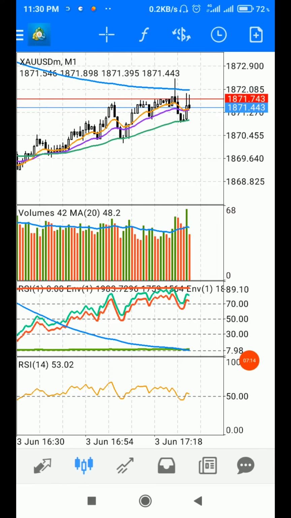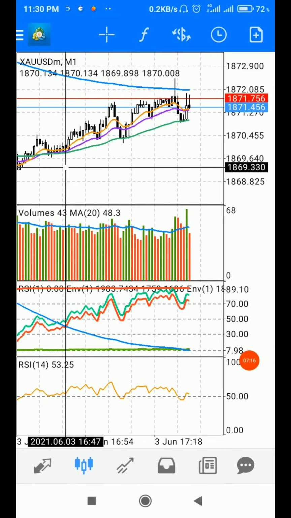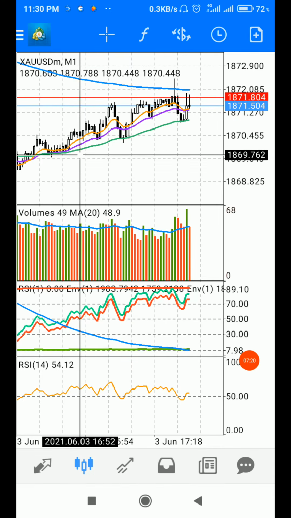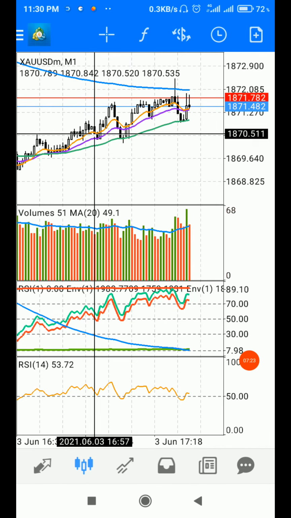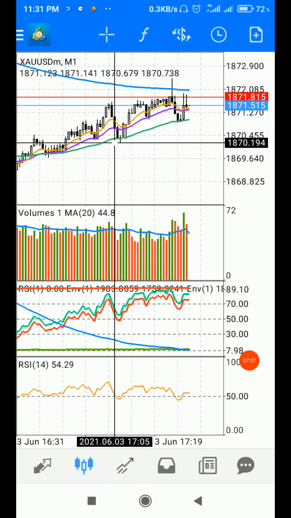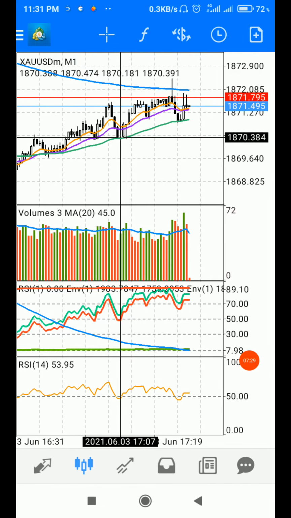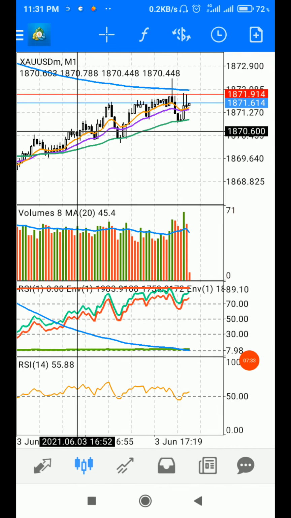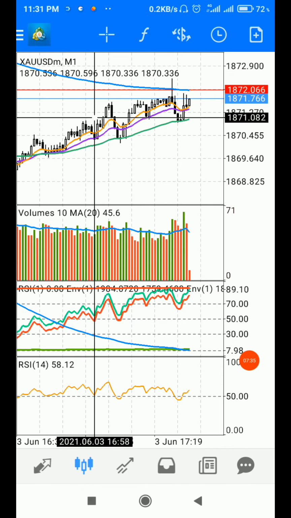So if you see here, from here price is going up here, then a little down, going up here, then down here and going here. So from here price going up, then down, going up.